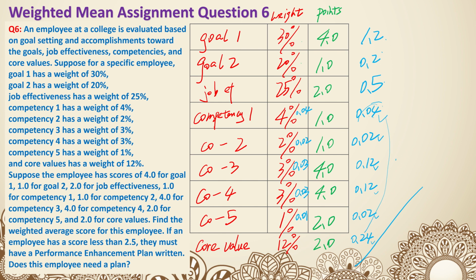So all of these together, that is 0.56. Then you still have 1.4, 1.9 altogether, so 2.46, which clearly is less than the 2.5 that we need. So it needs a plan. There we go.